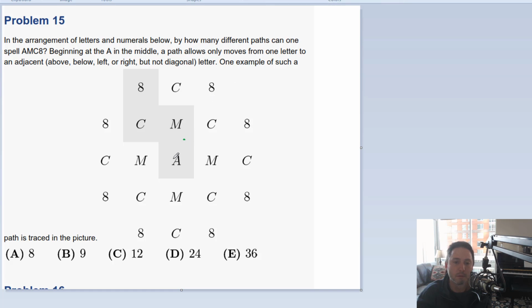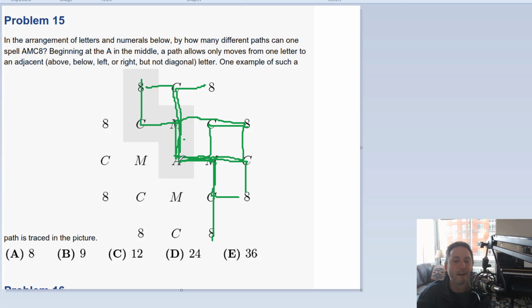So let's do some green. So we got 1. We could also go 2, 3, 4, 5, 6, 7, 8, 9. All right. 10, 11, 12, 13.